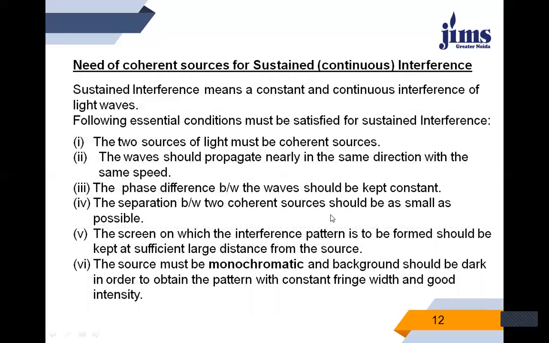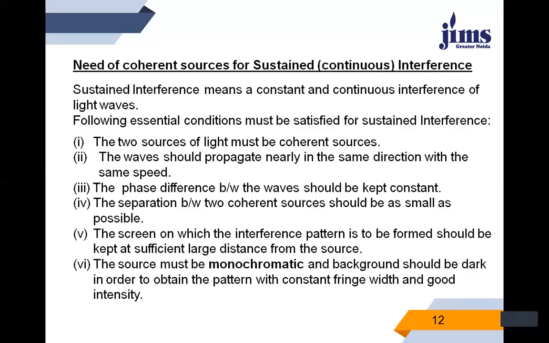Now, why do we need coherent sources for sustained or continuous interference? That is a very essential part of the interference of light. As I have discussed, sustained interference means a constant and continuous interference of light waves.